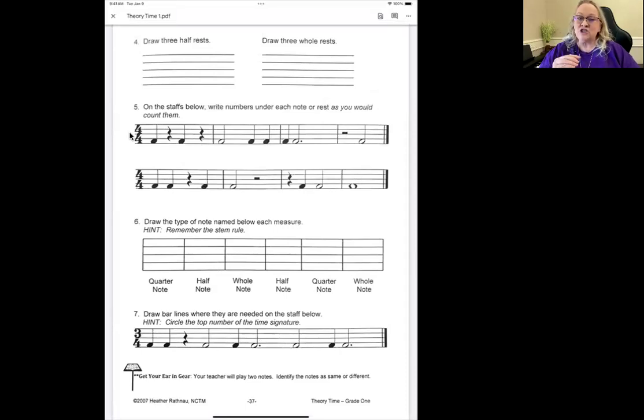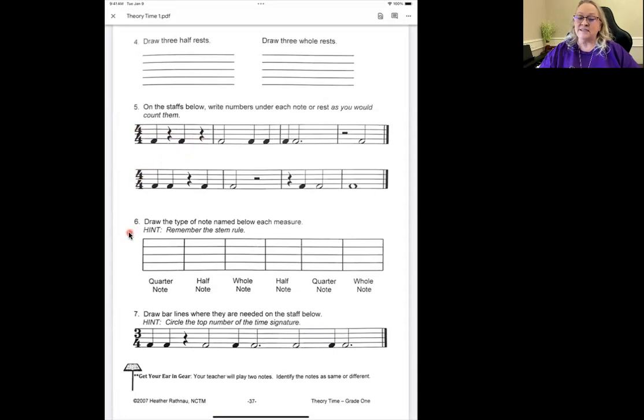The other way is just a little more advanced. The more advanced way is if you count up to whatever number this top number is. So every measure, you'll be counting up to 4. Here again, every measure, you'll be counting up to 4.